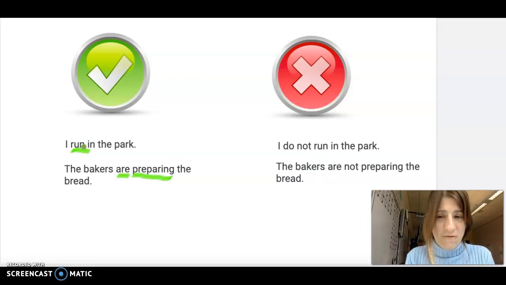When I only have one, I have to add another one so that not is in the middle. If I already have two, then I don't have to add another helper. I can just put not in the middle.